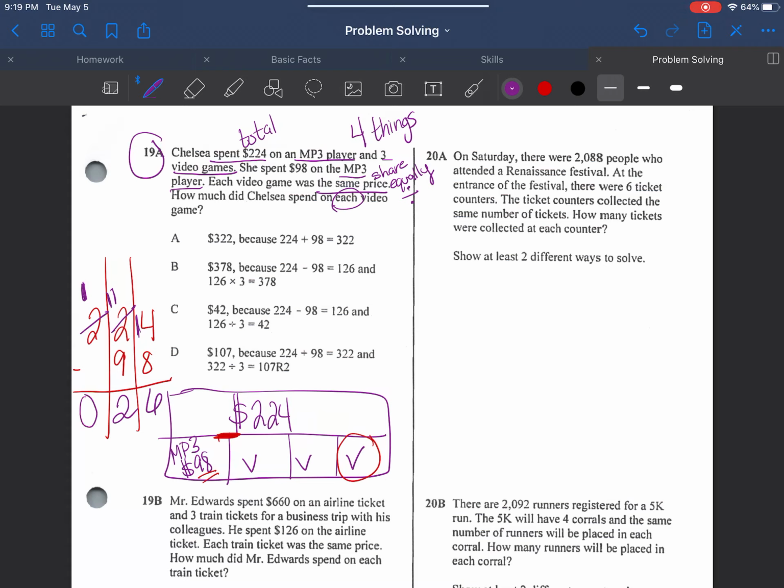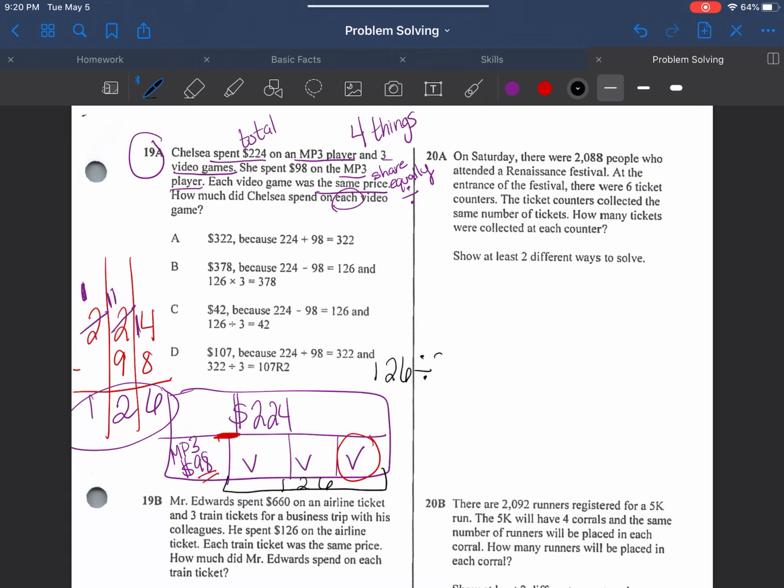The 2 becomes a 1, and the 1 becomes 11. 11 minus 9 equals 2. 1 minus nothing equals, not 0, 1. So this is how much money she has for the 3 video games, 126. But I only want to know one of them.